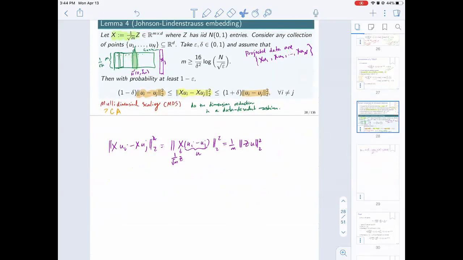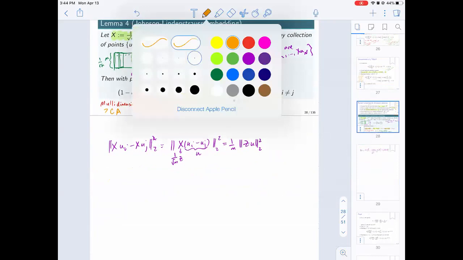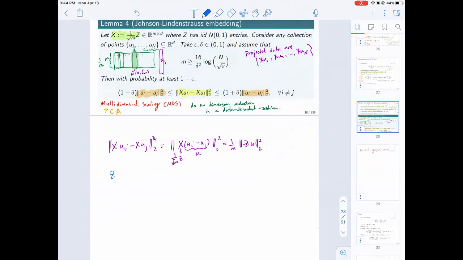So Z is a Gaussian matrix. What would be the distribution of Zu? All the entries of this will be Gaussian, independent, because they are sums of independent Gaussians.